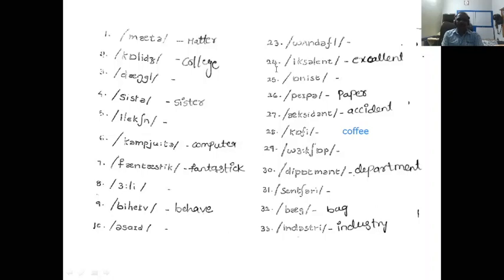Okay, with this, I'll stop today's lesson. Tomorrow I'll continue. I think we have to be with this phonetic transcription for 2 or 3 classes. I have nearly 130 or 140 phonetic transcription words.